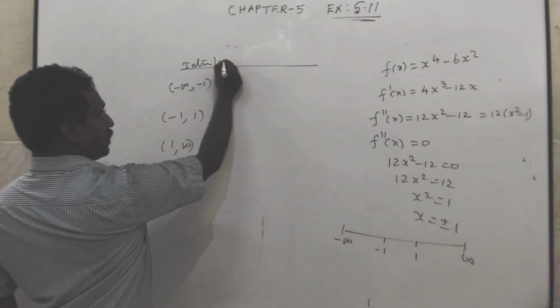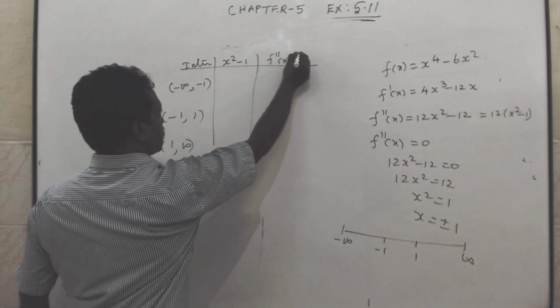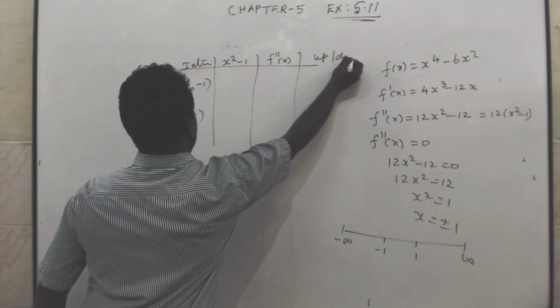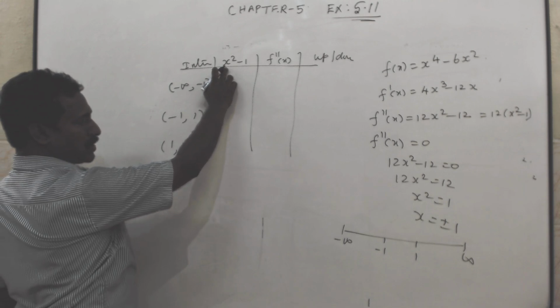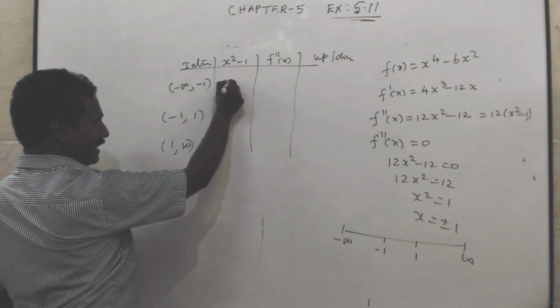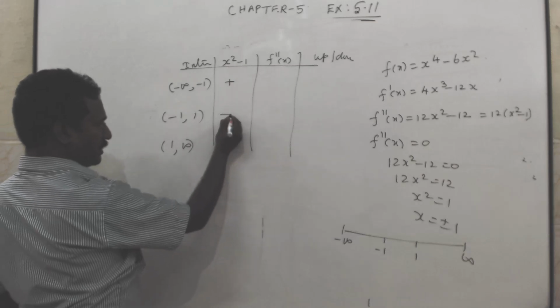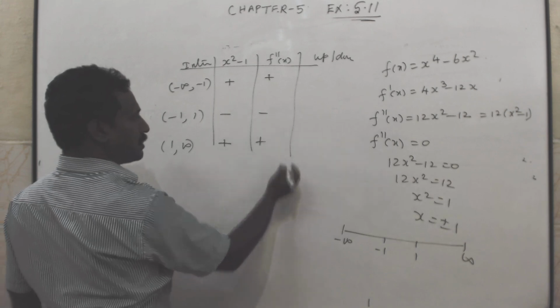So here, x square minus 1, that is f double dash of x. Concave up or down? Minus infinity comma minus 1, take minus 2. Minus 2 square is 4, minus 1 is plus 3, that's why plus. In between, take 0. 0 minus 1 is minus, then plus. Plus, minus, plus.